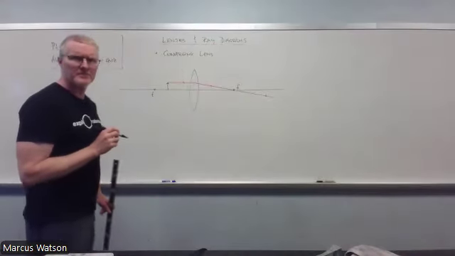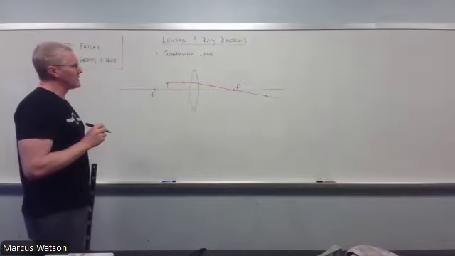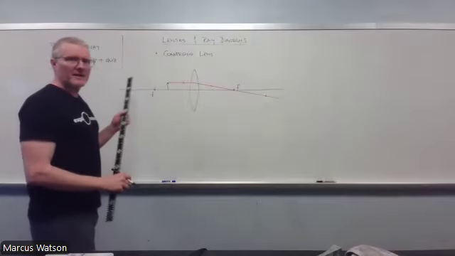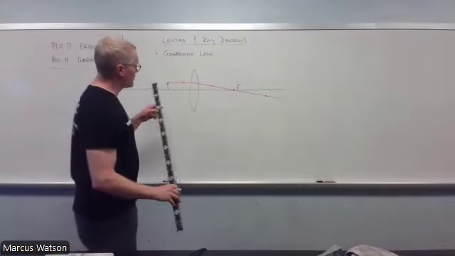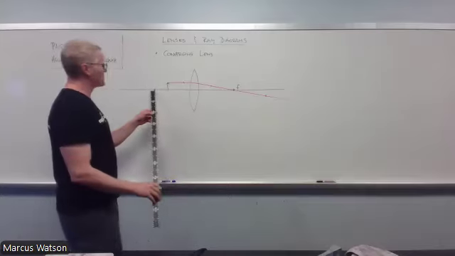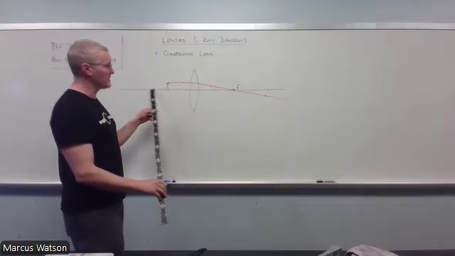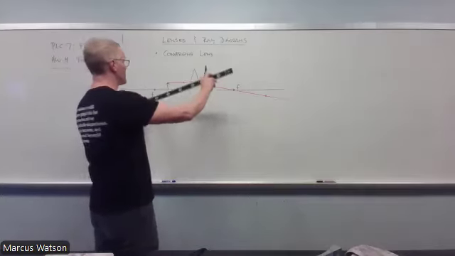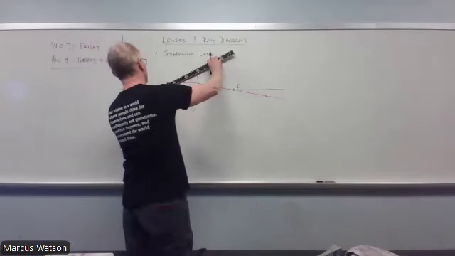A little better. Okay. That would be my first ray. And my second ray could go through the center, or I could choose the second ray to come from this focal point. Either way would work. I'm actually going to go ahead and draw both of them.